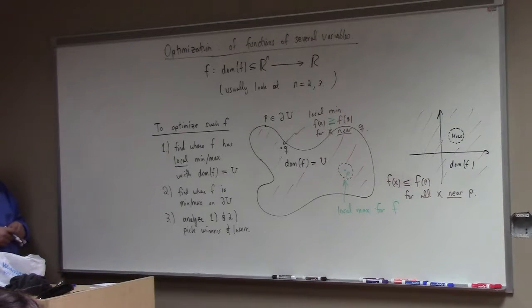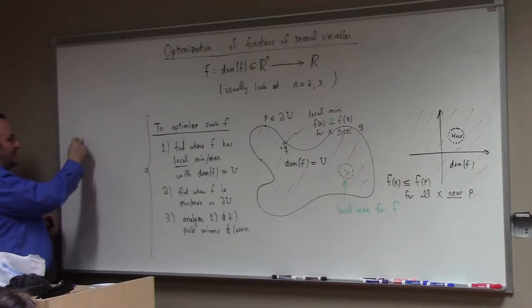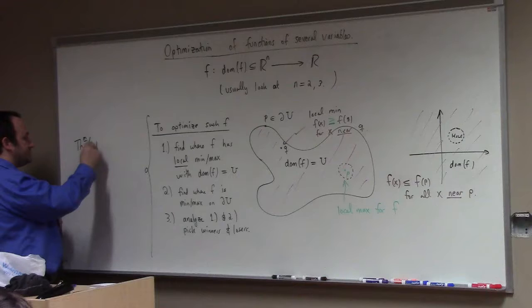Now, I will tell you, there's a theorem that I should tell you before we even start. This theorem comes to you from a branch of mathematics called topology. The theorem says the following.